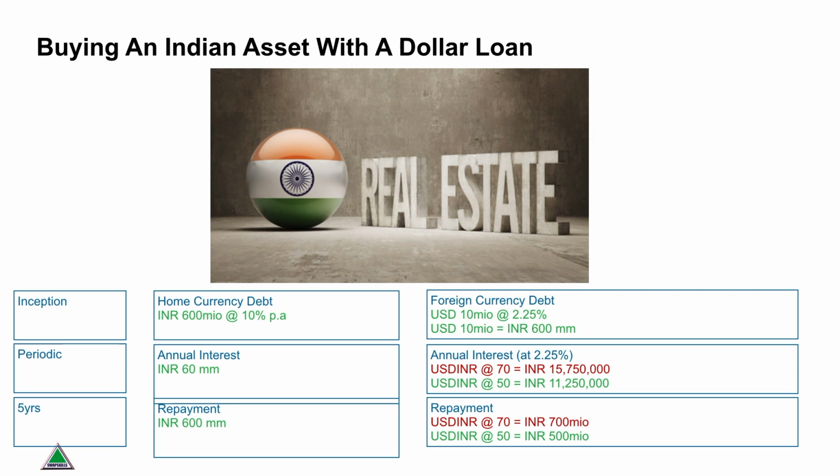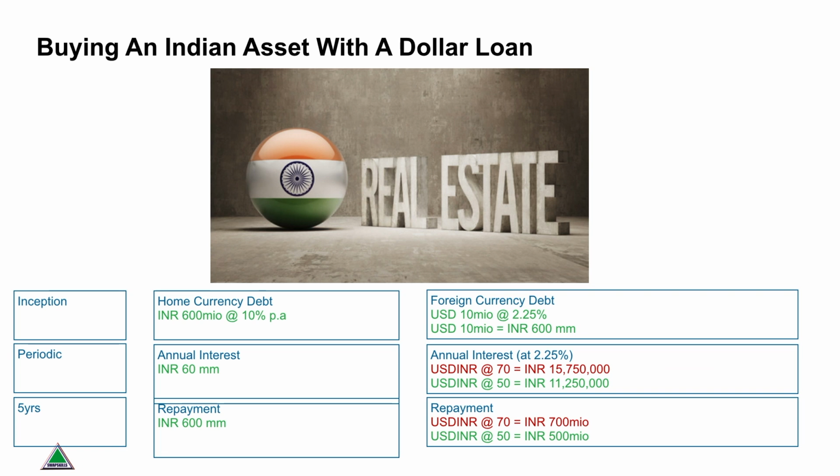That's because you can see here dollar rates are about a quarter of what Indian interest rates are. Now, even if the rupee exchange rate versus the dollar drops from 60 to 70, John's interest cost is still only 15.75 million rupees, way below the cost of a rupee loan.